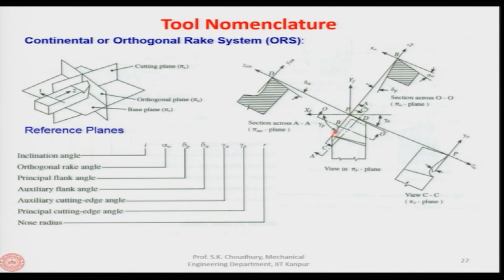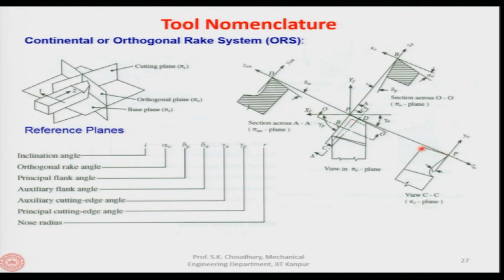Suppose if you take the cutting plane, we said that the cutting plane is the plane which will contain the cutting edge. So, the view that you will be getting is like this, and it is not a sectional view, because this is the plane which will contain the cutting edge, as if you are looking at the tool from this side, perpendicular to this.